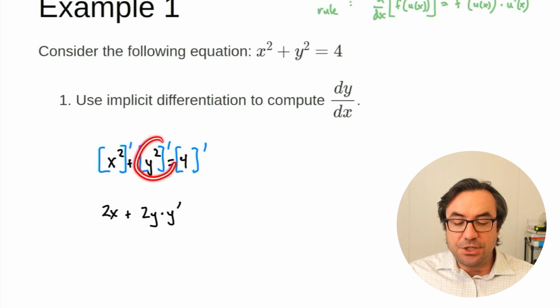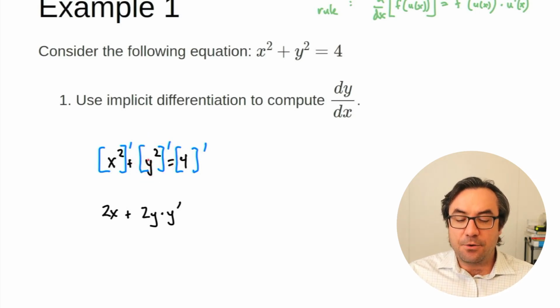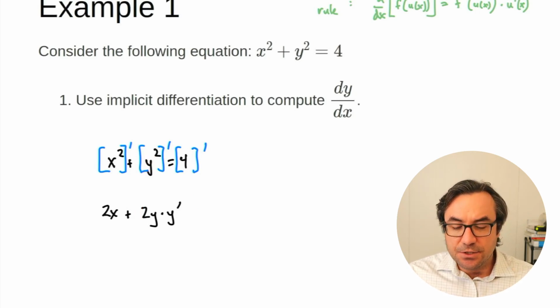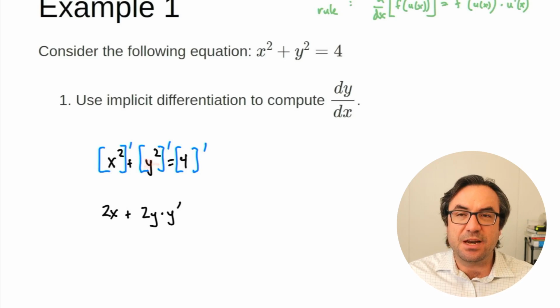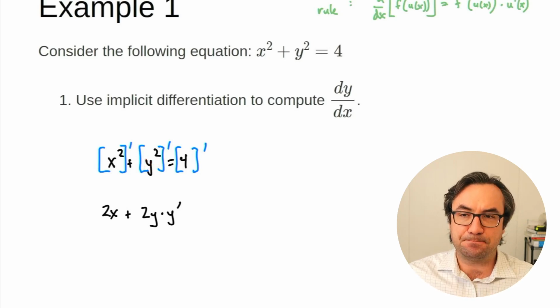So when we differentiate this, the outer function is this power function, so we do our regular power rule. We keep the inner function exactly the same, but then we multiply by the derivative of our inner function. So this is kind of like a chain rule, and again, we're thinking of y as an implicit function of x, with x terms hidden inside of the y.